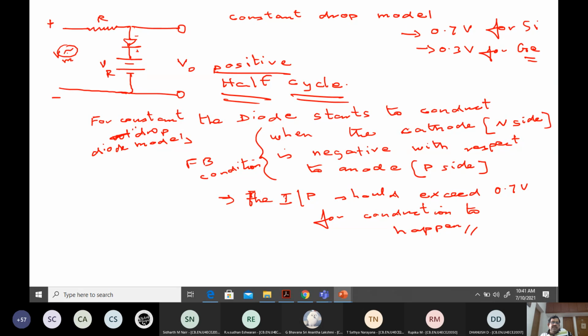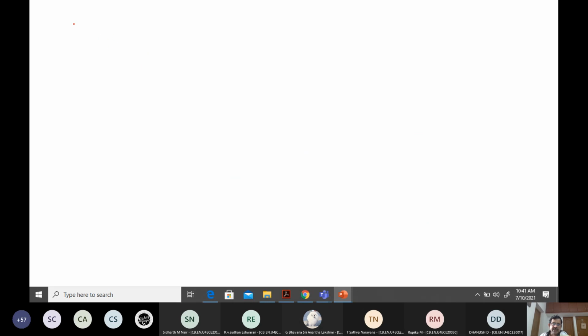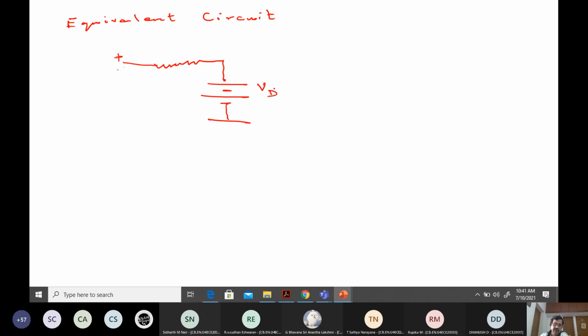I am going to assume a 0.7 volt drop. So first let us draw the equivalent circuit, that will make things easier. If I give one example, I think you can follow it and try to think, because thinking is very important. The equivalent circuit will be like this. This is a drop, therefore the positive should be in the upper side, and this is my VD drop, 0.7 volt.